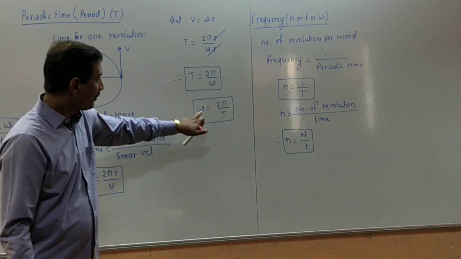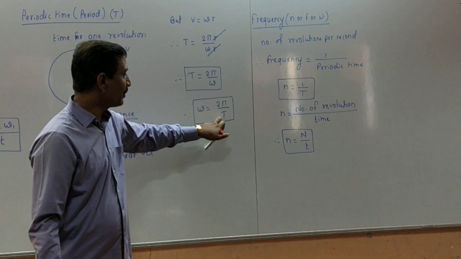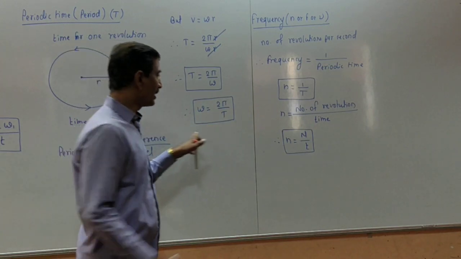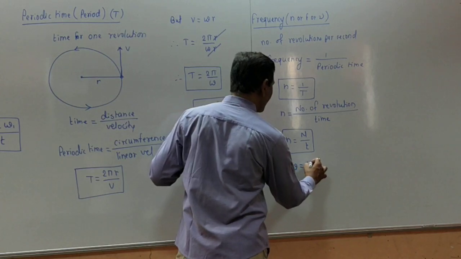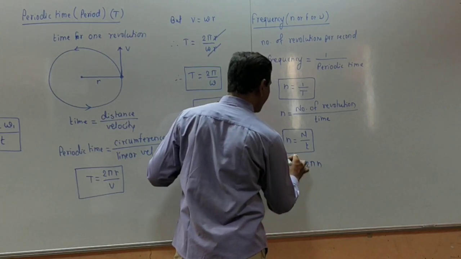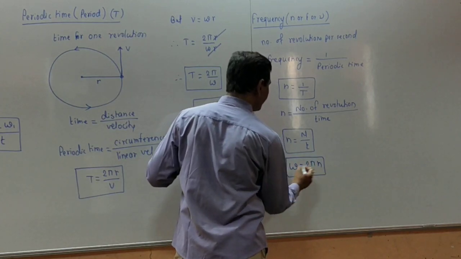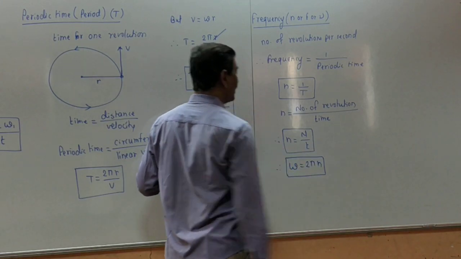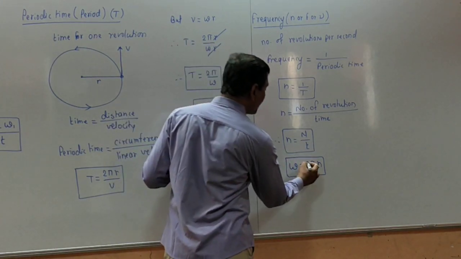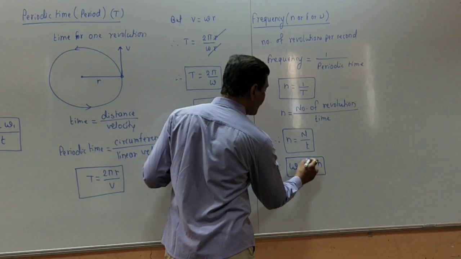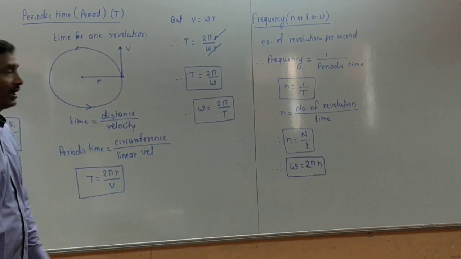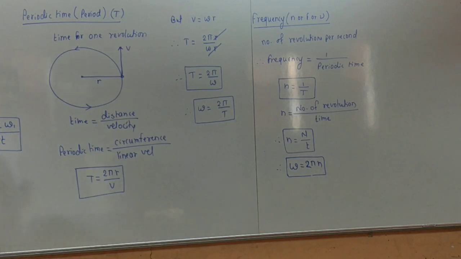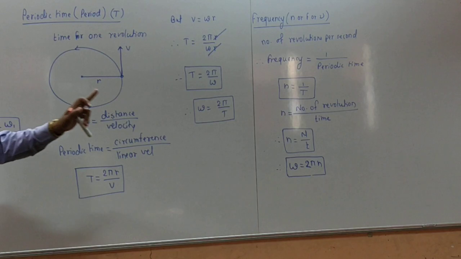So therefore omega is equal to 2 pi upon T. This formula becomes omega is equal to 2 pi n. So omega in terms of the periodic time is 2 pi upon T, while omega in terms of the frequency is 2 pi n.